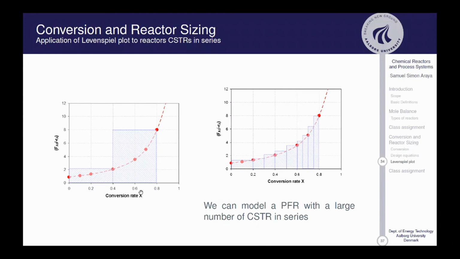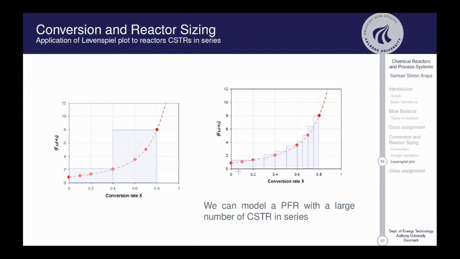So you can see that we would shave off all the stuff that is above the curve. And that also gives us the idea that you can model a PFR as a series of an infinite or very large number of CSTRs.